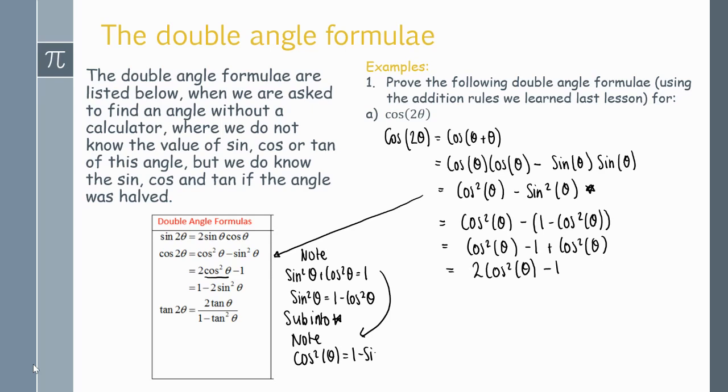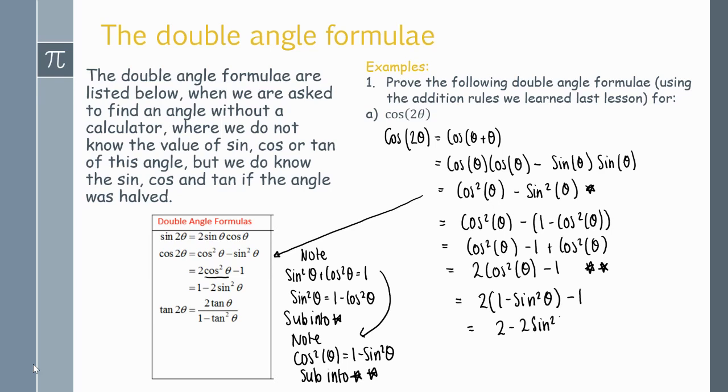There's one more version. Again, using sine squared theta plus cos squared theta equals 1, if I rearrange that, cos squared theta equals 1 minus sine squared theta. So let's sub this into that second version of the formula that we proved.